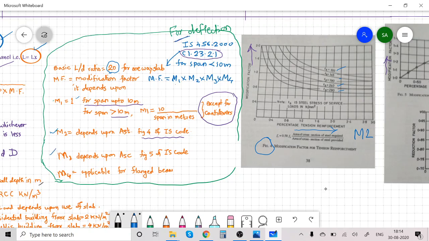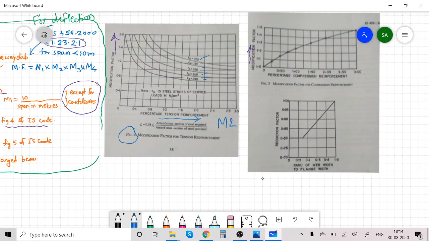Then M3. The M3 modification factor depends upon area of compression reinforcement. This is given in figure number 5. On x-axis, percentage of compression reinforcement is given, and on y-axis, modification factor M3 is given. If there is no compression reinforcement, that is 0, you will consider the M3 value as 1.